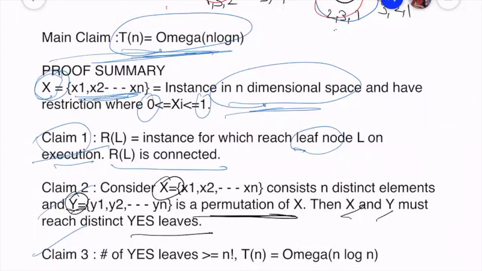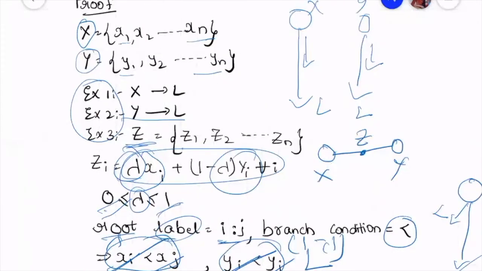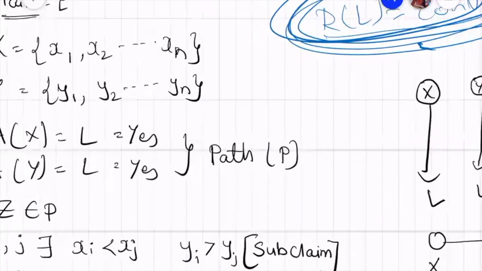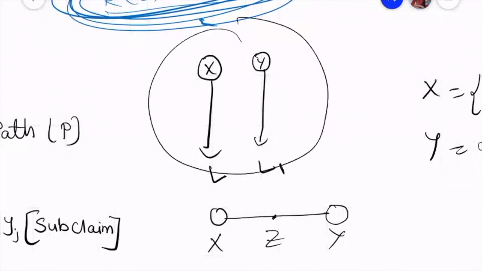This is our main task to prove. So let's see how to prove it. Our job is to prove that X reaches a leaf node by one path and Y reaches another leaf node by another path.